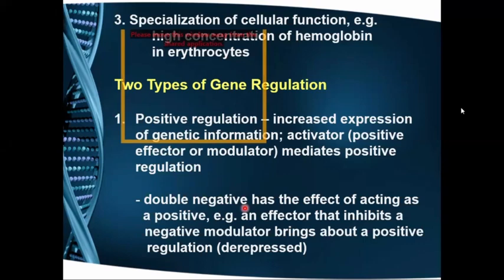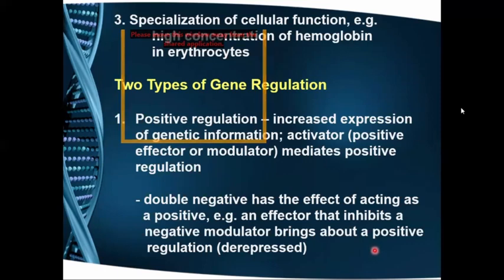So double negative has the effect of acting as a positive. Example, an effector that inhibits a negative modulator brings about a positive regulation.